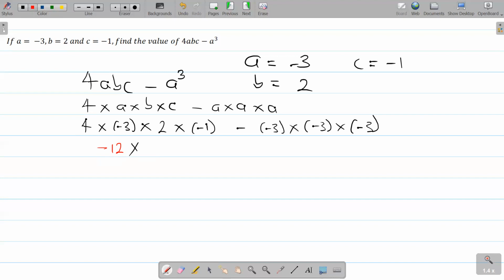The next part is 2, which is positive, times the negative. What do you get? +2 times -1. So positive times negative, you're still going to get a negative, in the same way as negative times positive.